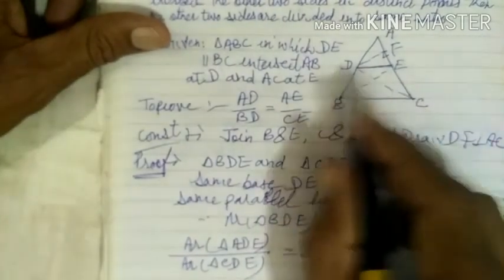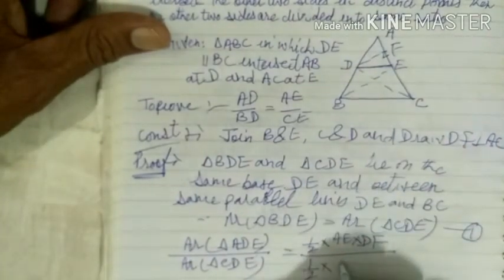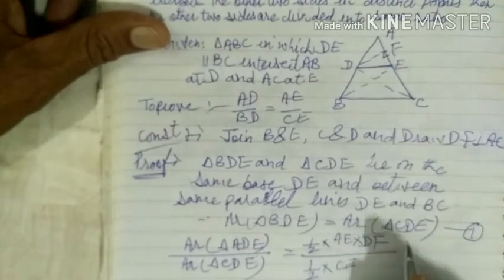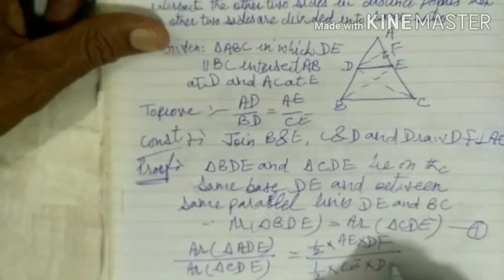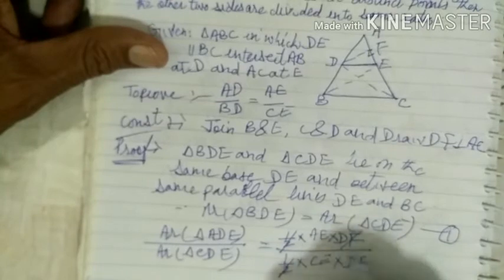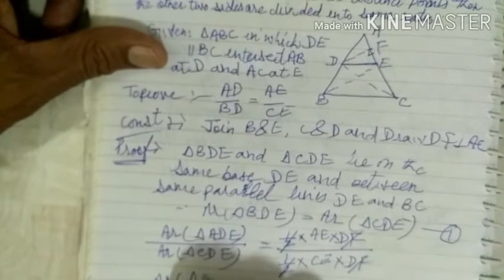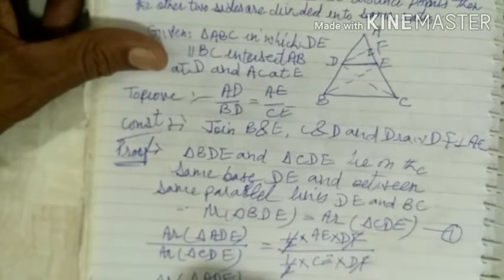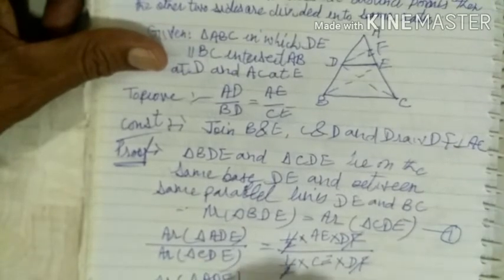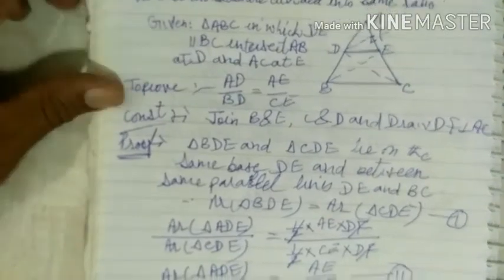Similarly, area of triangle CDE, here it is also half, base is CE and height of this triangle is also DF. So we can cancel half by half and DF by DF. So we have left area of triangle ADE upon area of triangle CDE is equal to AE upon CE. It is equation number 2.